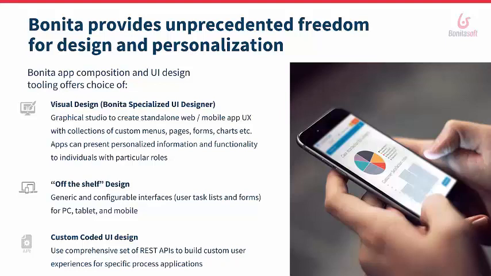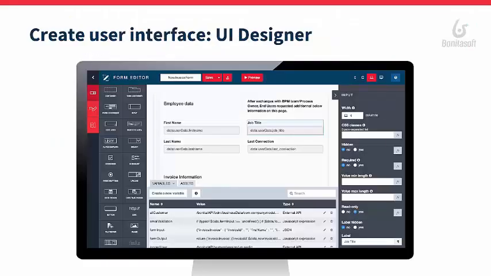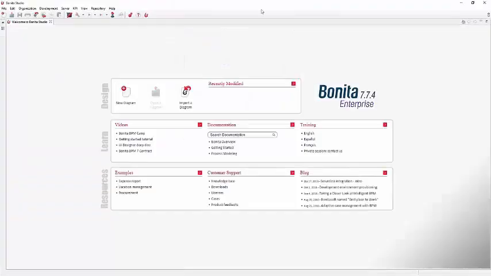So now let's focus on what is interesting today, the UI designer, and how you can create web interfaces that are compatible with mobile devices. Here, rather than working with the slides, I will use my Bonita Studio and launch the UI designer.